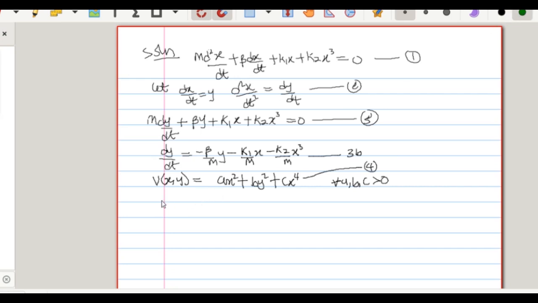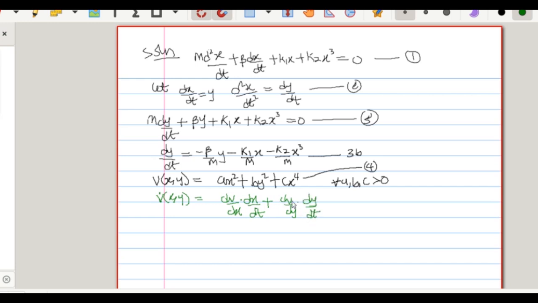We are going to differentiate equation 4: dV over dt equals dV over dx times dx over dt plus dV over dy multiplying dy over dt, by chain rule.